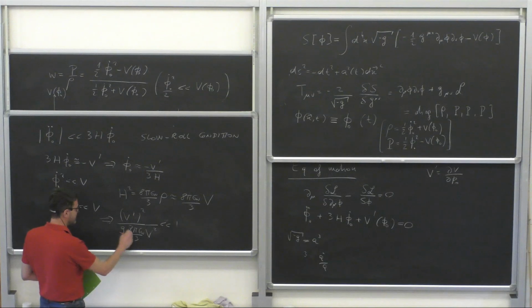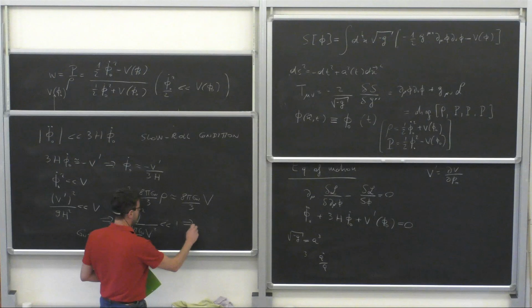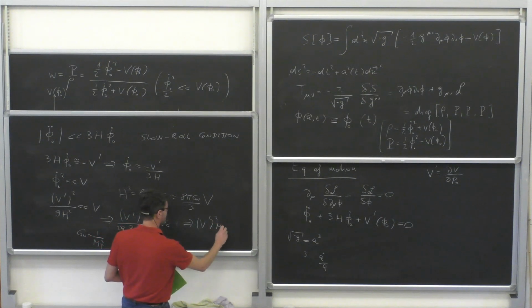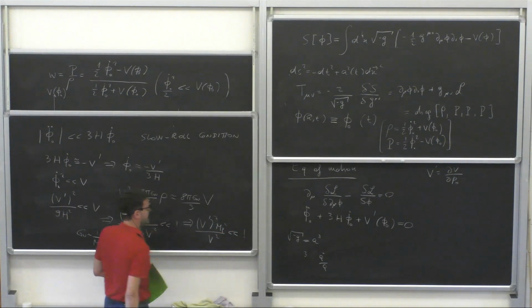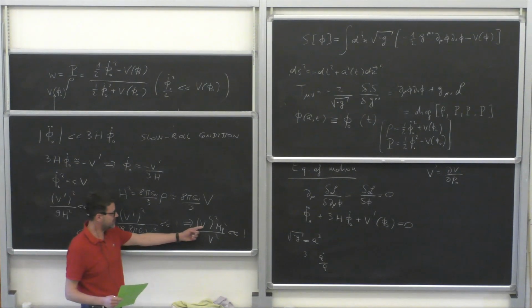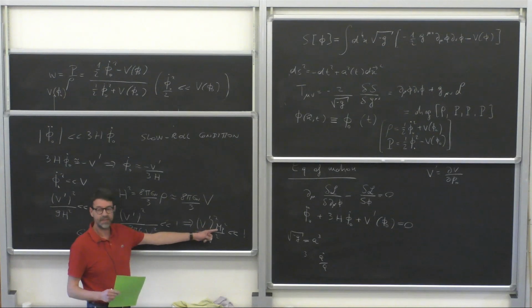So you see the condition that I have is the following. Apart from the coefficients, so here you have a 3, for instance, if you remember that G Newton, roughly speaking, is 1 over M Planck squared, I get the condition that V prime squared times M Planck squared divided by V squared has to be much smaller than unity. So if you think in units of M Planck, this is a condition that tells you that the potential has to be extremely flat in units of M Planck.